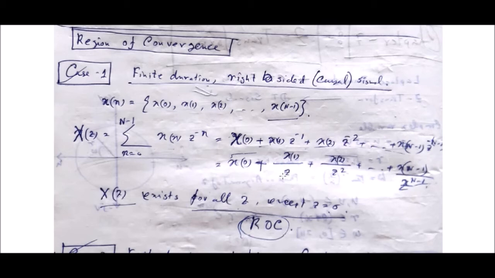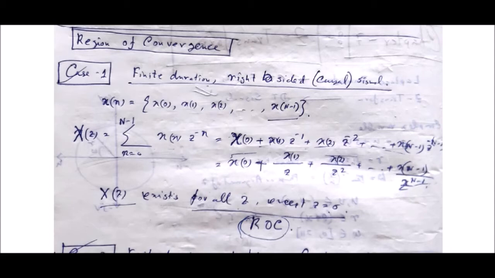If z equals 0, all these terms will become infinite, so the Z transform will not converge, so you can say the Z transform will not exist. So only for z equal to 0, this Z transform does not exist. For any other value of z, this Z transform will be finite and you can say it will exist.